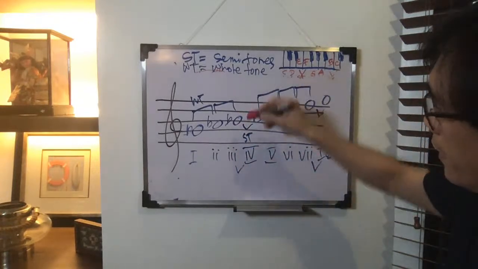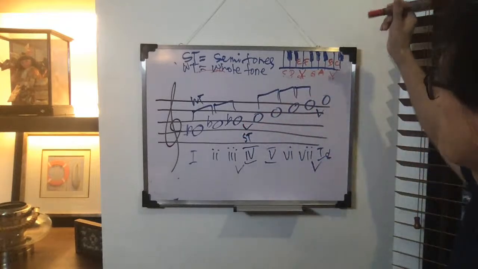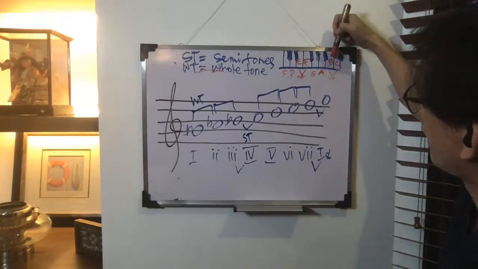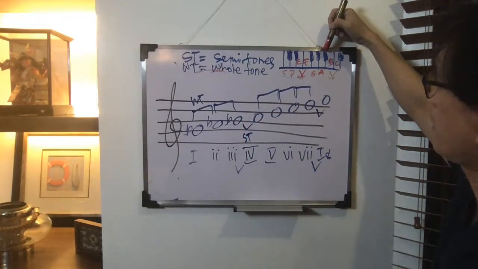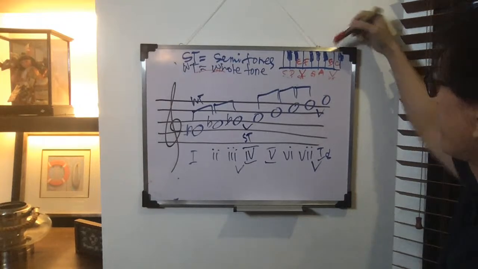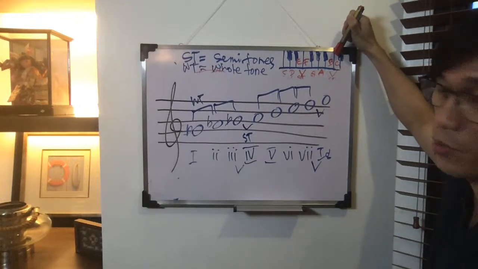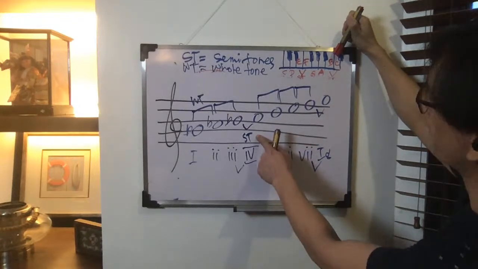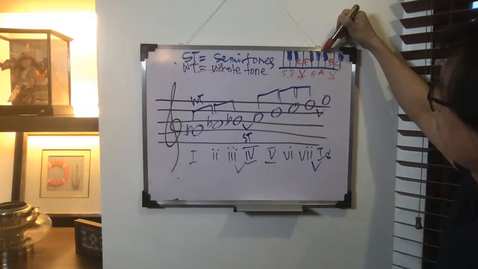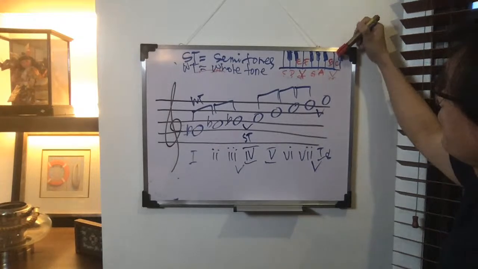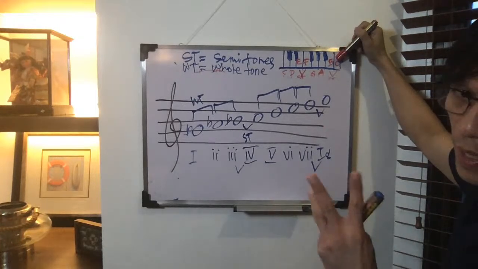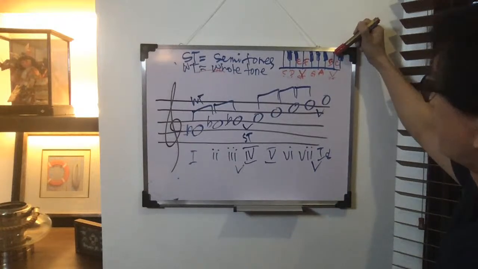So let's check. This is B flat to C natural. B flat, the black key, to C natural, the white key here. Oops, too much. We only need 1 half step.